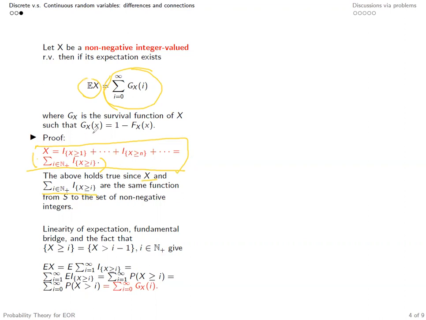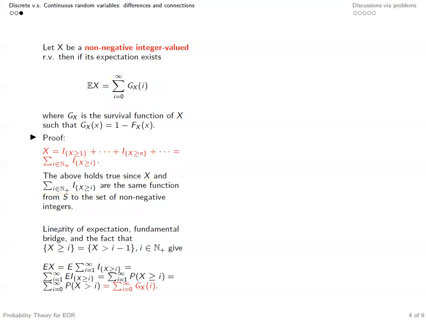For example, if x is equal to 2, then apparently only the first two indicator functions will be equal to 1, so the summation is also equal to 2. So the left-hand side is always equal to the right-hand side. No matter what value x takes, it could be equal to arbitrary n, and there are only n indicator functions equal to 1, and the rest will be 0. So the summation of these indicator functions will also be n. The left-hand side is equal to the right-hand side.